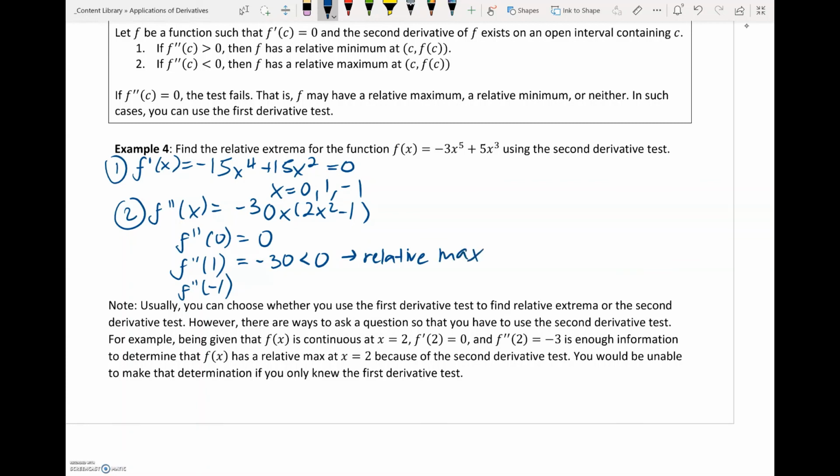And because it's negative, that means we have a concave down graph at around that place. For f double prime of negative 1, if you evaluate this, you're going to get 30. This is a positive number. That means we have a relative minimum. And then we're going to have concave up there.